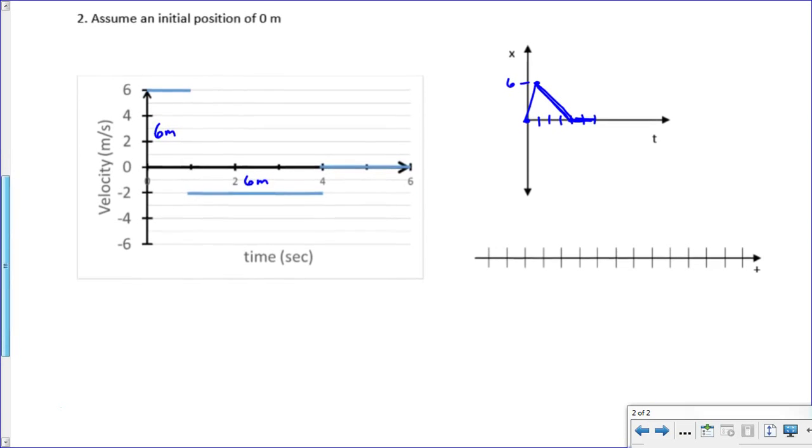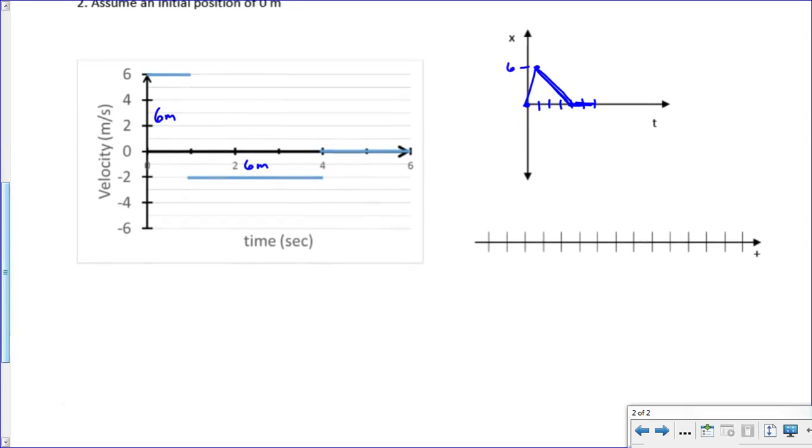For the motion map, I'll just put 0 here. We're going to start at 0. It goes up to 6 in the first second. Okay, and then it's going to abruptly change direction. So I'll have this arrow here, but I'm actually going to get rid of that dot and drop it below because it will abruptly change direction here.